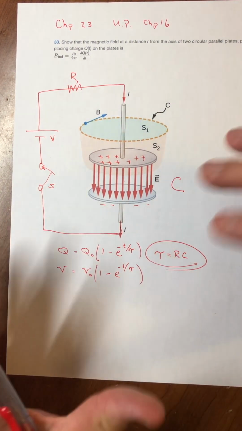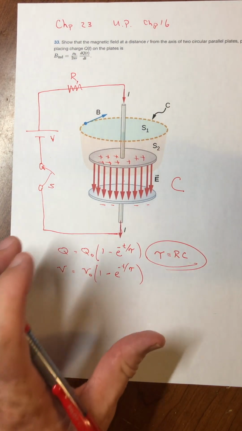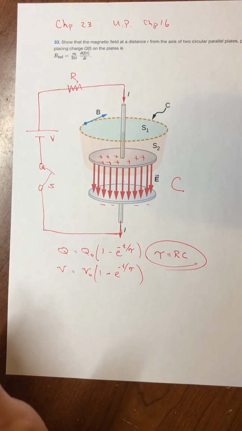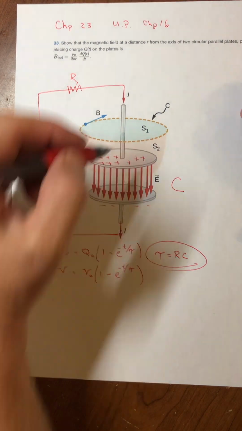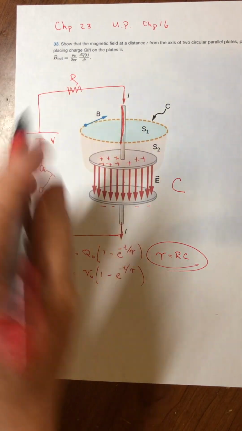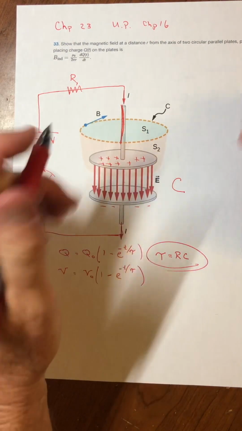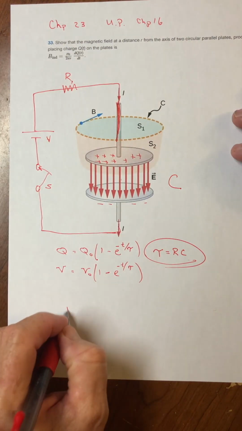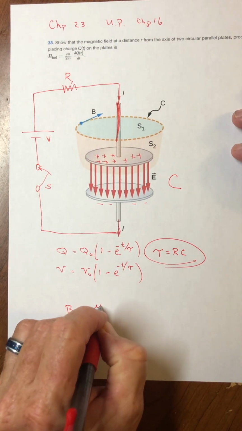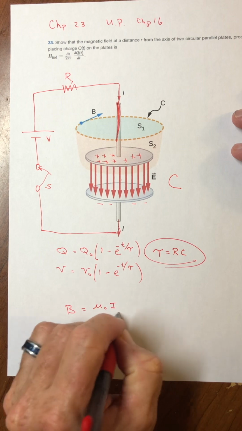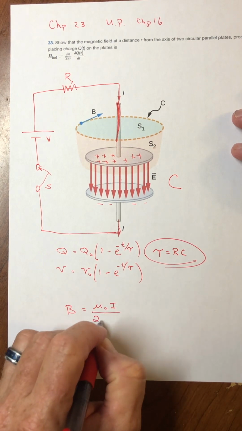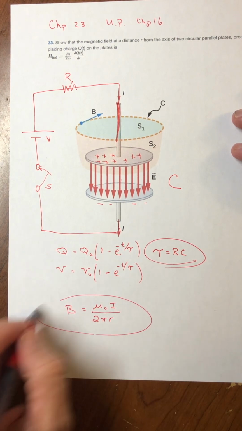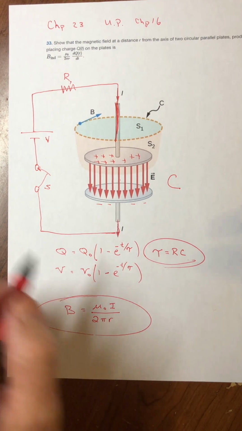I wanted to remind you, going back just one chapter, that if you just had a wire, and let's forget the capacitor for a moment, a long straight wire, it would create a magnetic field given by this equation, where I is the current.